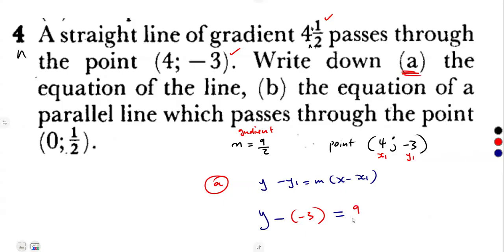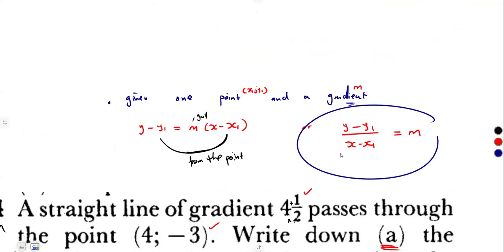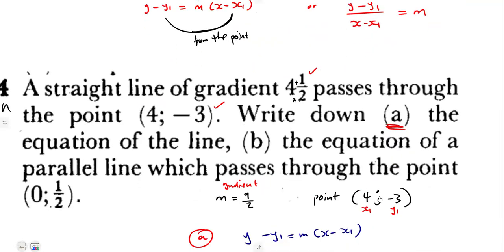So it is equal to 9/2, our gradient, into x minus x1, from the point our x value is 4. Just like that. So this is going to give us the equation of that straight line, or you can use this way, if you understand it much better that way.